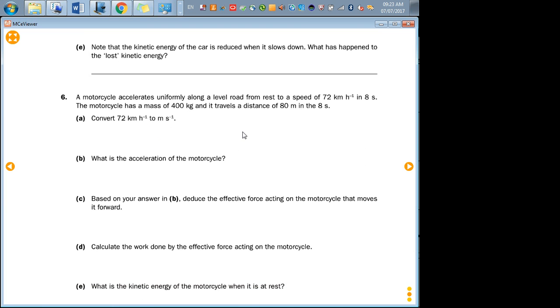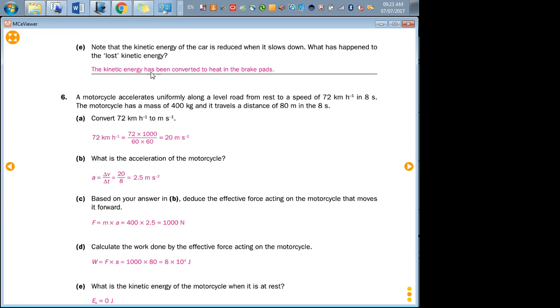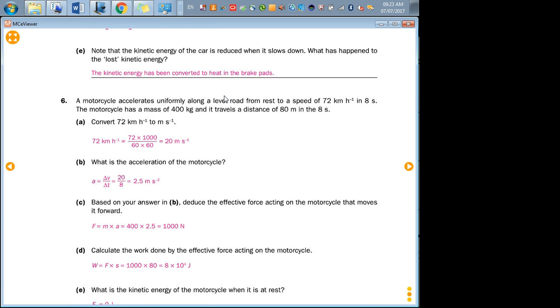Now, question 6. So it's been converted to, let's write, thermal energy in the brake pads. As I am discussing with you, feel free to write down notes.